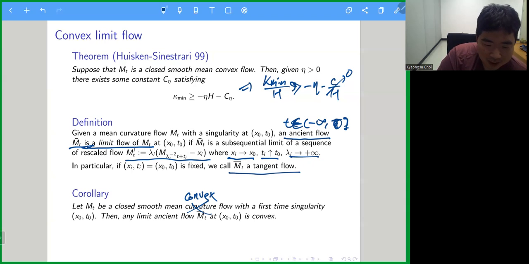So if it is a closed mean convex flow, then the limit flow at the first time singularity x naught, t naught is convex.